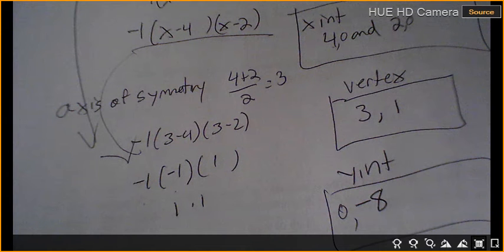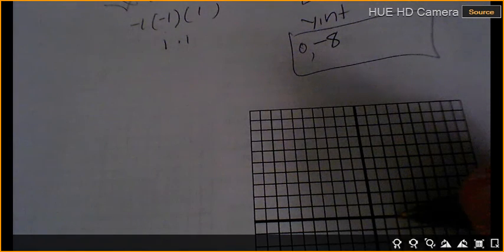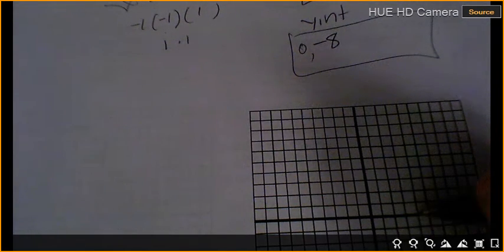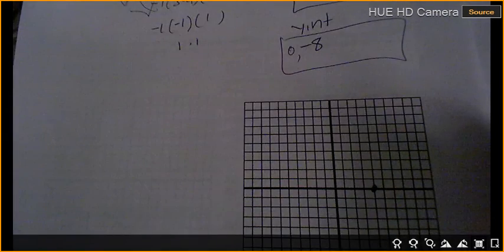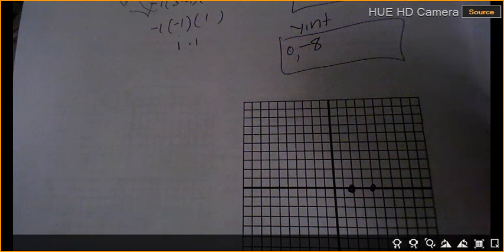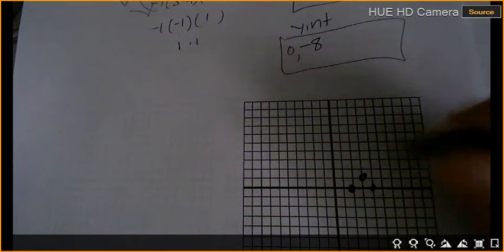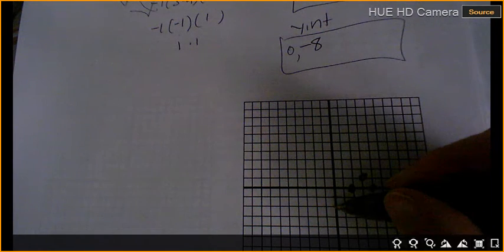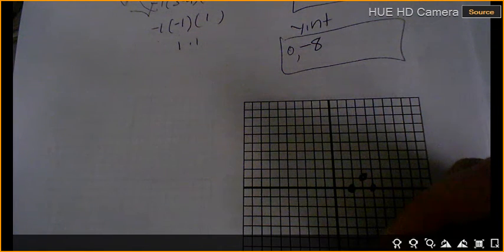So I'm going to plot 4 points. Okay? So I go to 4, 1, 2, 3, 4, and I draw a point. I'm going to zoom out just a little bit so you can kind of see this. I'm going to go to 2, 0. There's my other point. I'm going to 3, 1. And I'm going to go 0, negative 8: 1, 2, 3, 4, 5, 6, 7, 8.